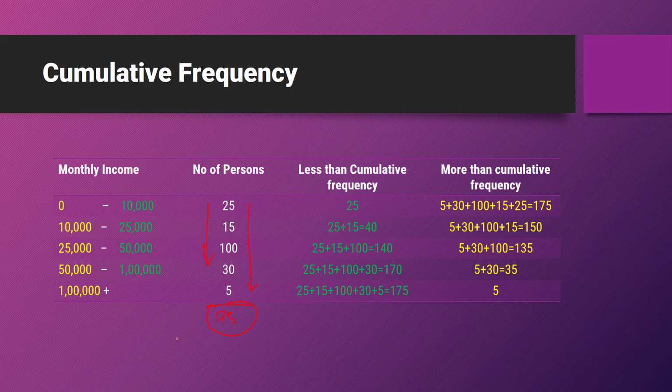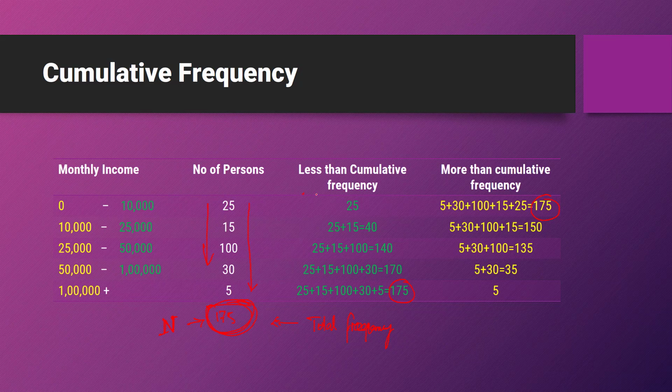This value is called total frequency, and it is normally denoted by capital N. You should always check that your total frequency is equal to the last value of your less than cumulative frequency and the first value of your more than cumulative frequency, right?